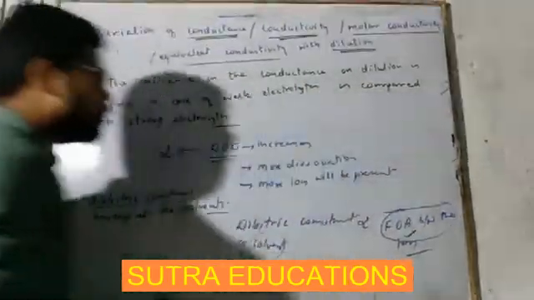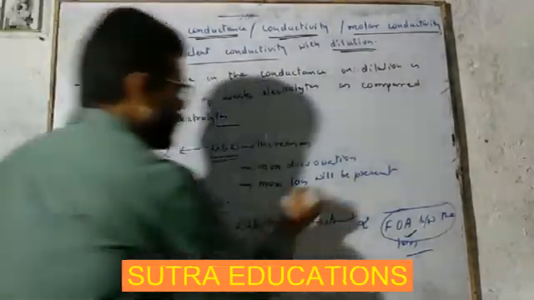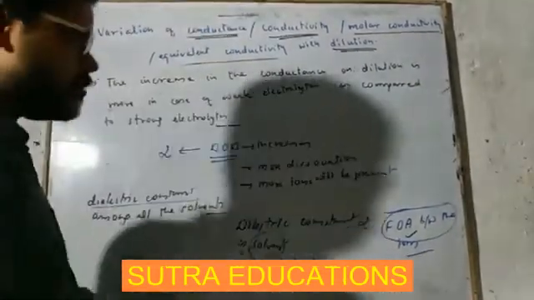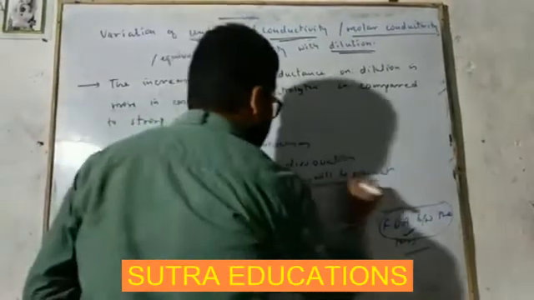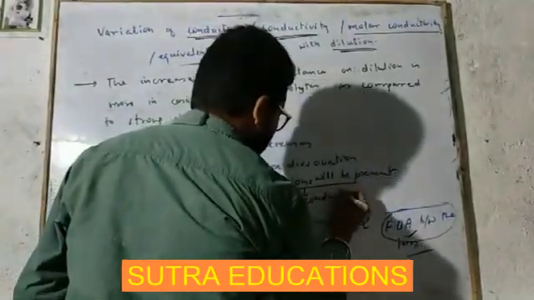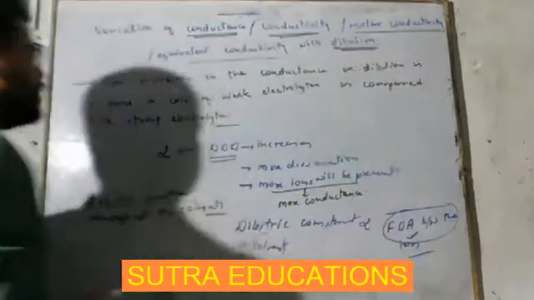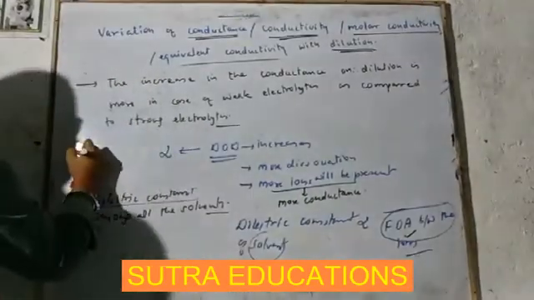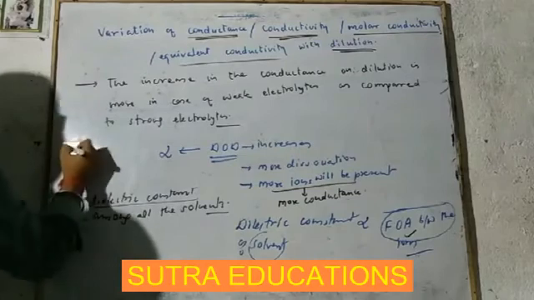And if more ions are present, then conductance will be more. Due to these more ions, more conductance will be there. This is in the case of dilution of weak electrolyte.